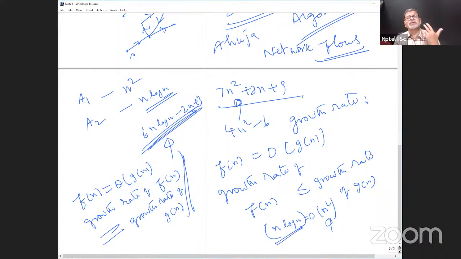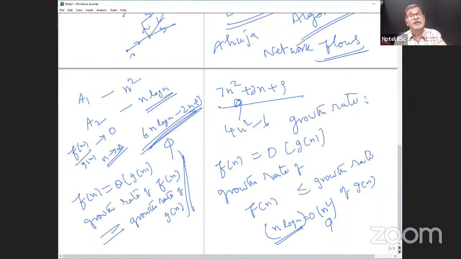How to find out which one has a higher growth rate or which one has a lower growth rate? You consider f of n by g of n. You let n go to infinity, because as n becomes larger and larger is modeled by n going to infinity. If this goes to 0, what does that mean?